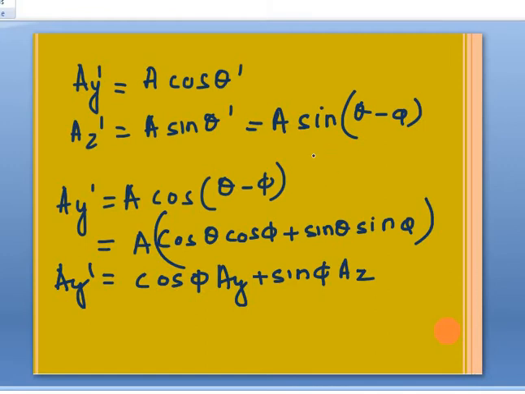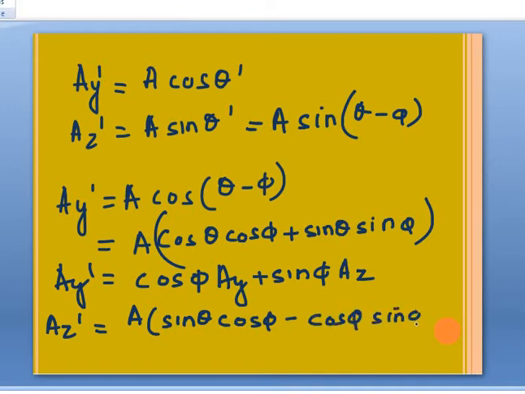Sin a minus b is sin a cos b minus cos a sin b. So az prime actually will come out to be a sin theta cos phi minus cos theta sin phi.